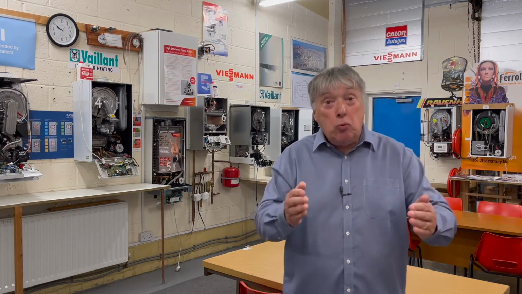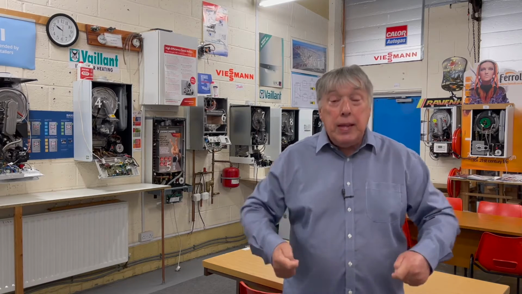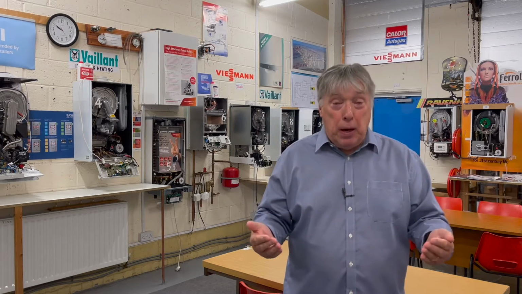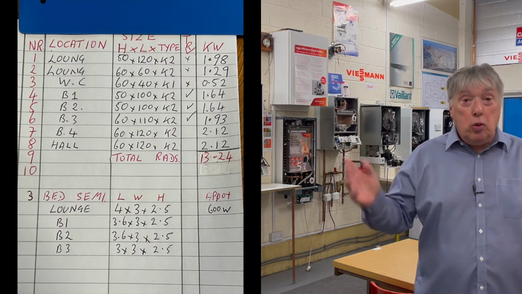So therefore, we move that over to the heat loss calculator. Now, there's two ways we can do this. You can either get a piece of paper. Here's an example that I've done for this unit.